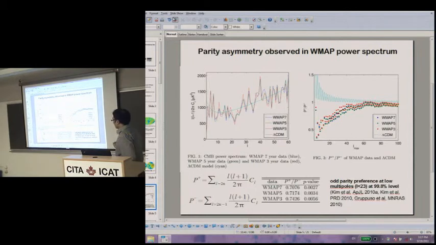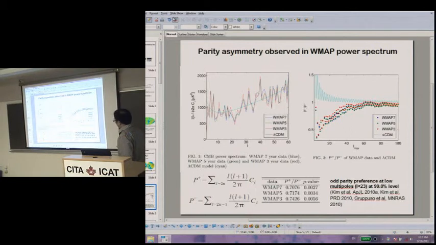So here we sum the angular power spectrum up to a certain multipole range, P plus and P minus. P plus contains only the even multipoles and P minus only the odd multipoles. You compute the ratio between these two quantities. It's below the theory. I plotted the ratio for various LMAX, the upper bound of this summation. This is the theory, and you can see the data always has a lower value than the theory.